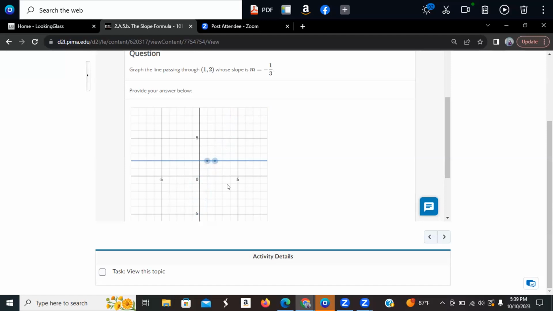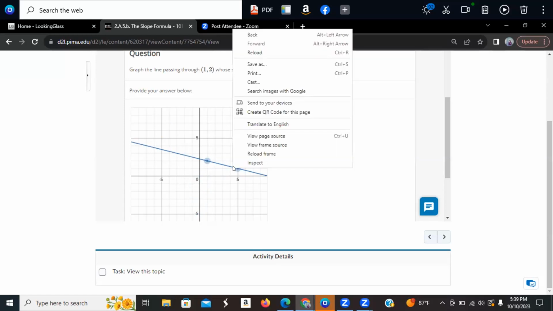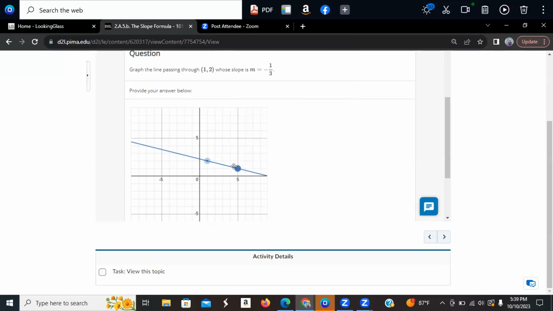All right, now from there, the slope of -1/3 is down 1 and right 3. So it looks like you went more than right 3. Looked like you went right 5, right 4. There it is. Good.